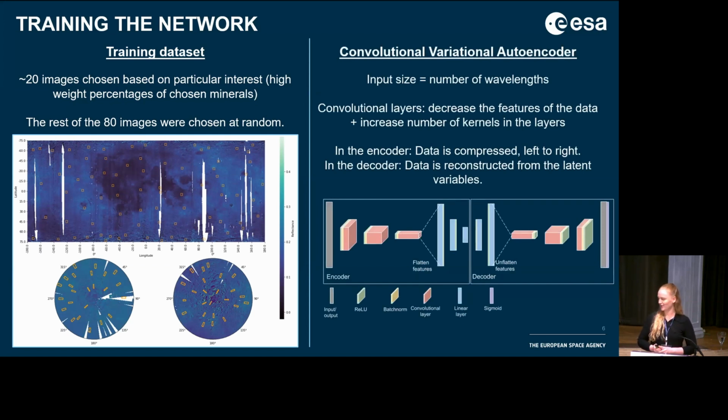Input size is the number of wavelengths. We have convolutional layers. Convolutional layers decrease the features of the data while increasing the kernels in the layers. So the way it works again is that in the encoder part, we compress the data, and in the decoder part, we reconstruct the data again.